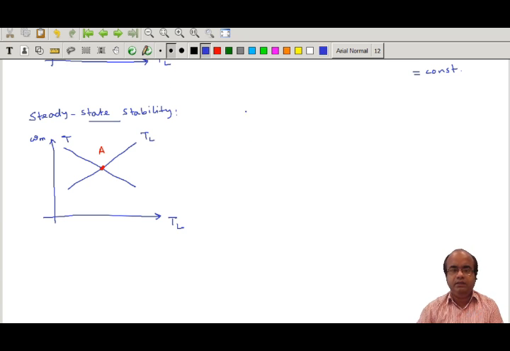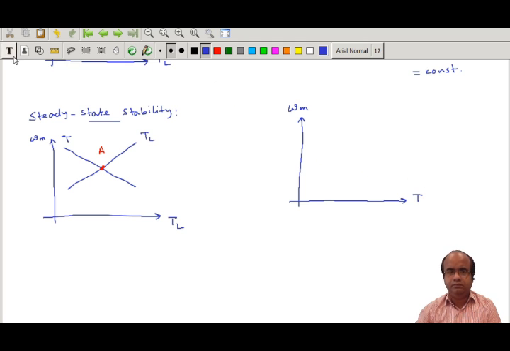And another case: this is the motor torque and this is the load torque.